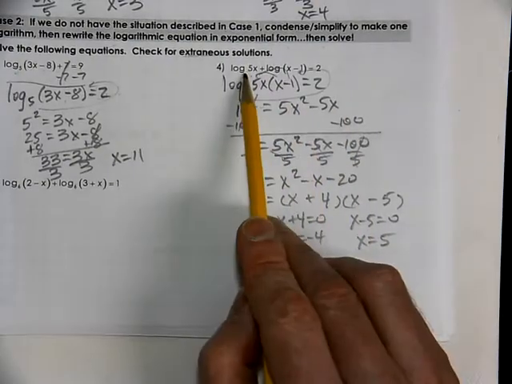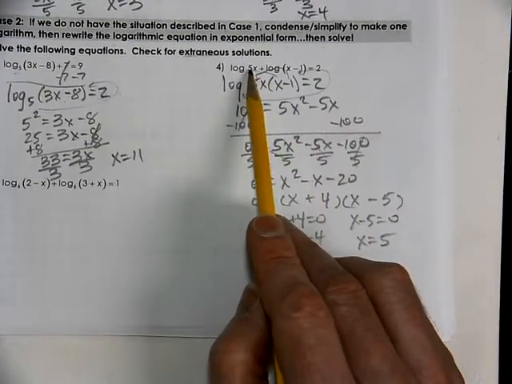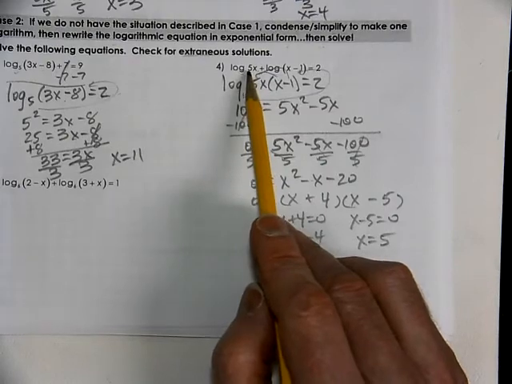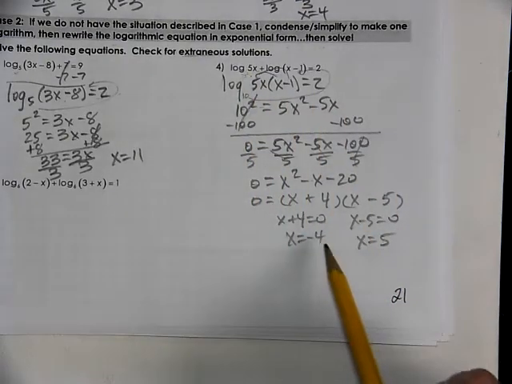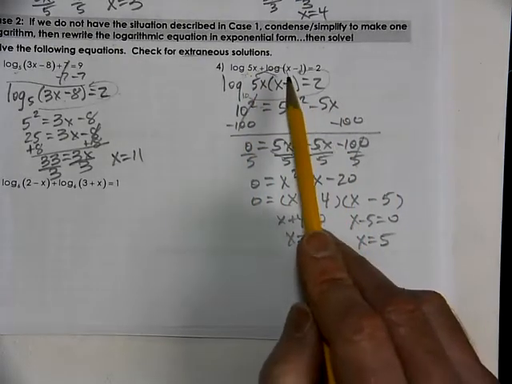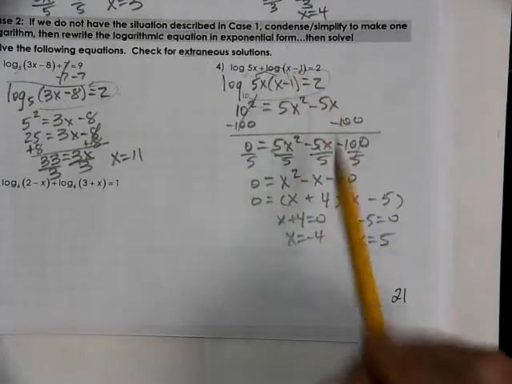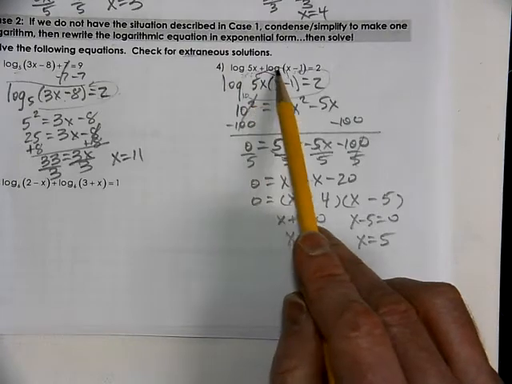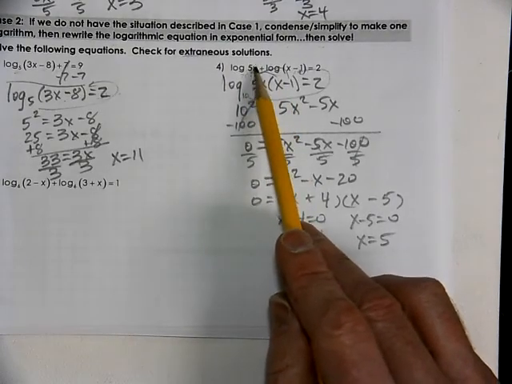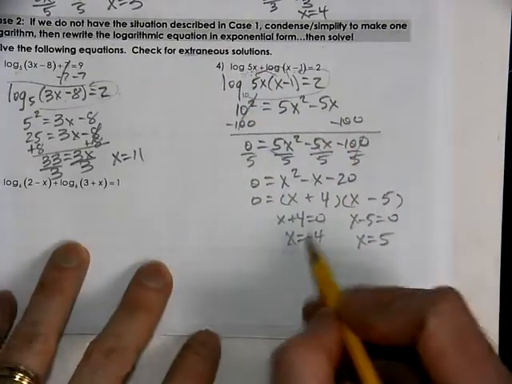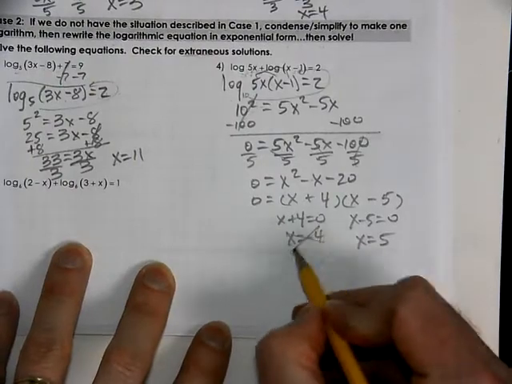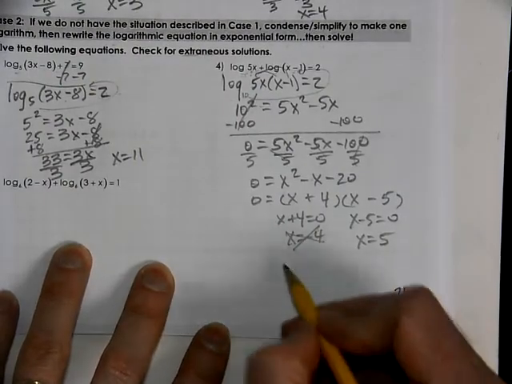When you plug 5 in, you get 5 times 5 is 25. Well, you can do that. It's not a 0 or a negative. 5 minus 1 is still a positive answer. Negative 4 times 5 is a negative answer, so that immediately removes that as a possible answer.